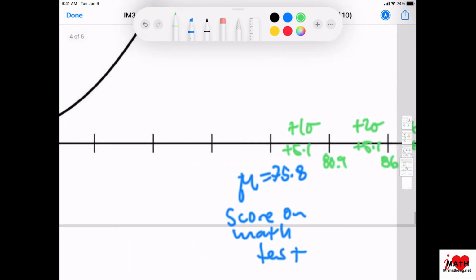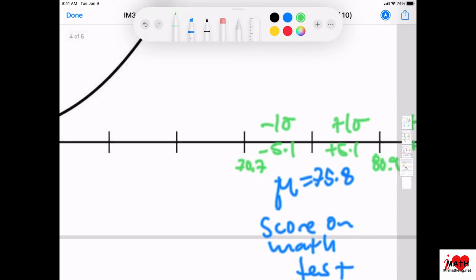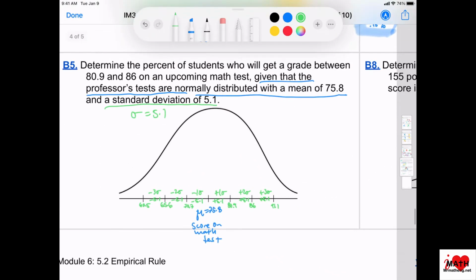Let's go towards the left, and all we have to do is keep subtracting 5.1. This would give us 70.7. You subtract 2 standard deviations, that's subtracting 5.1 twice, and you will get 65.6. And 3 standard deviations, you will subtract 5.1 again and get 60.5. Okay, so that's labeling the horizontal with our units.